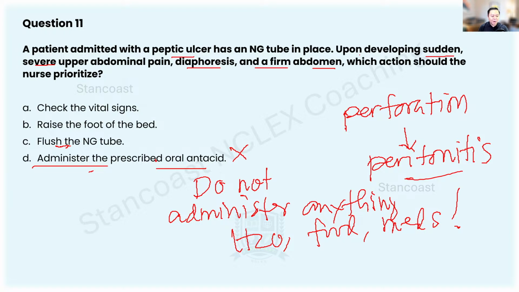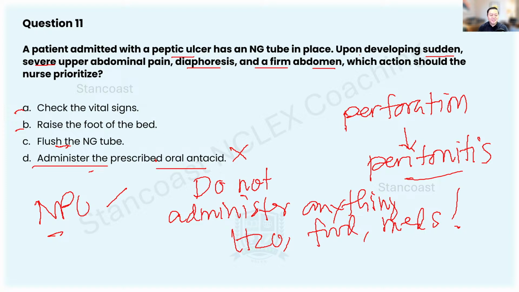Now, our battle here is between A and B. What do you think? Check the vital signs, raise the foot of the bed. Yeah, NPO would be one of our nursing interventions. We're going to keep our patient NPO. That's a good call. Very good. NPO, make sure you do that. But between A and B, what are you going to do this time?